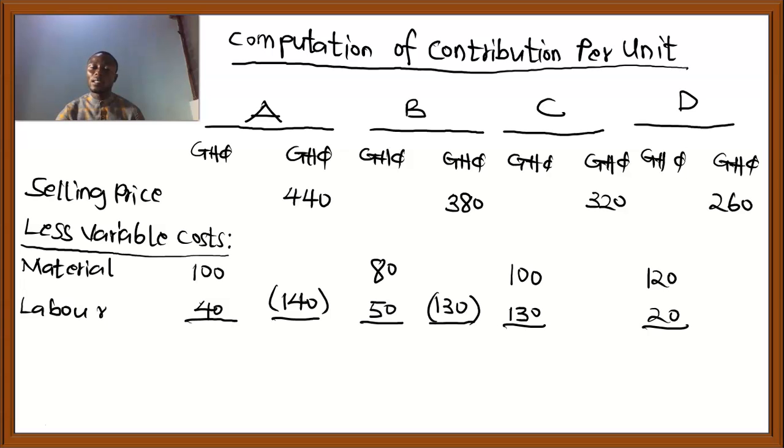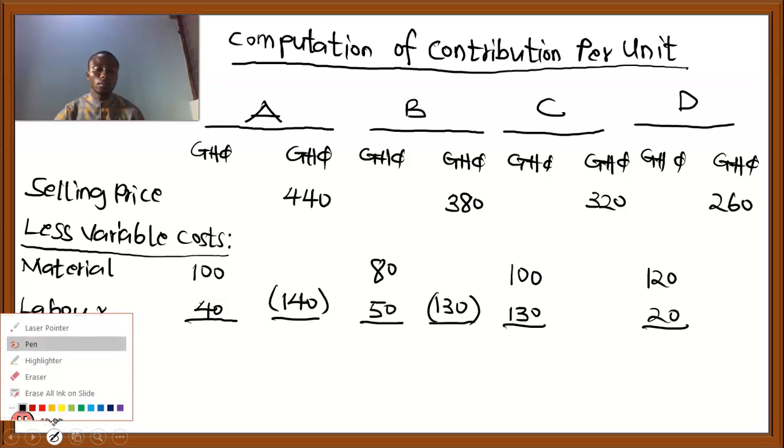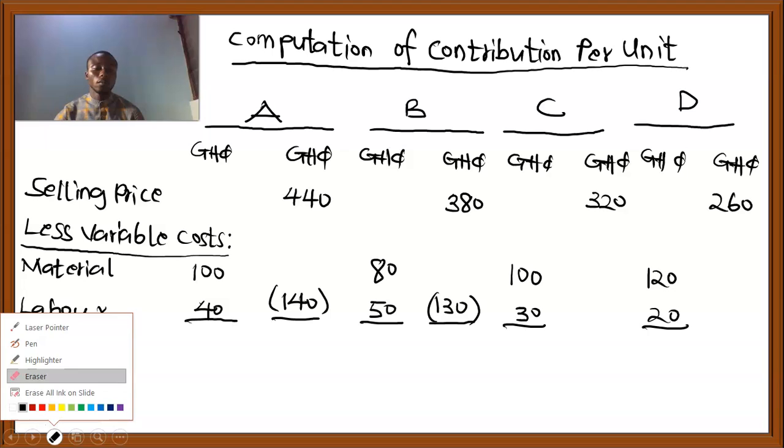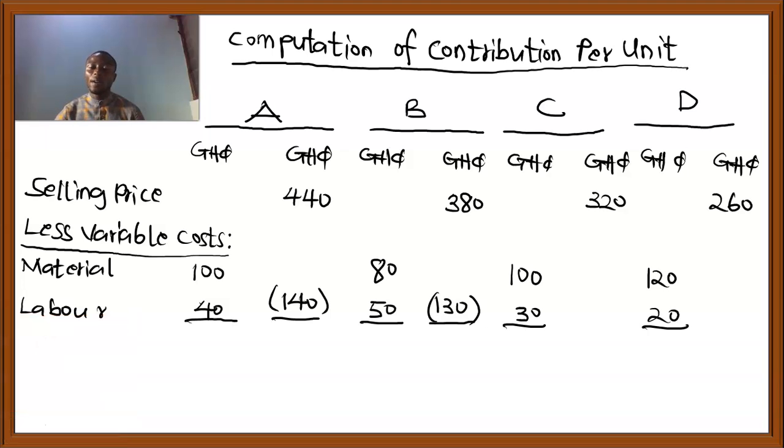We are going to add 100 plus 30, which will give us another 130. 120 plus 20 will give us 140. So that is the total variable cost per unit.